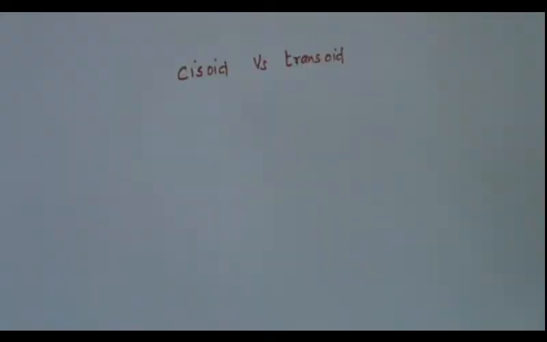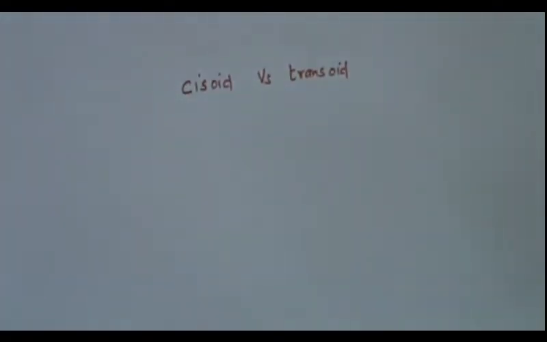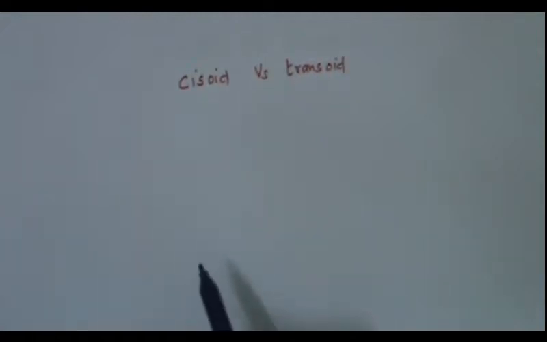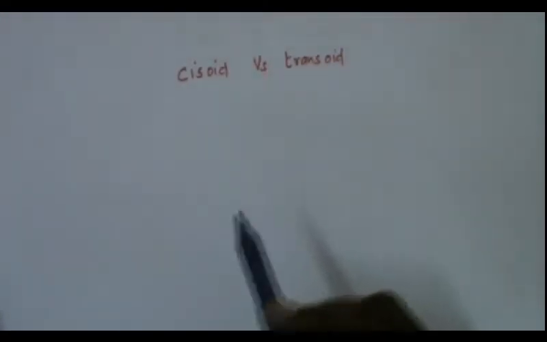I would like to discuss the important aspect of Diels Alder reaction. First one, it is Cisoid versus Transoid. The diene of Diels Alder reaction, it should be Cisoid conformer.